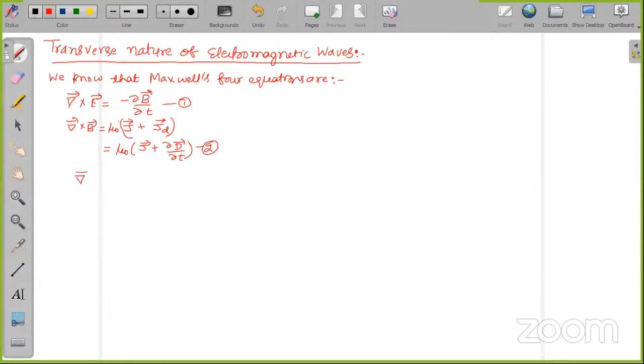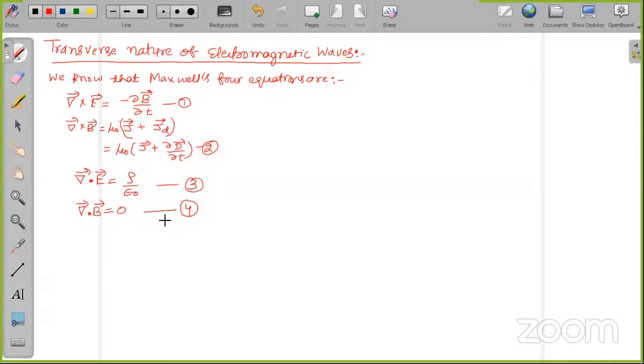Third equation is del dot E is equal to rho upon epsilon naught. This is third. And the fourth equation is del dot B is equal to 0. These are the four Maxwell's equations.